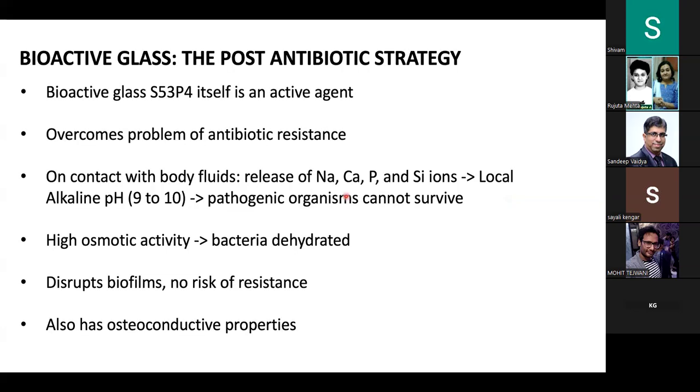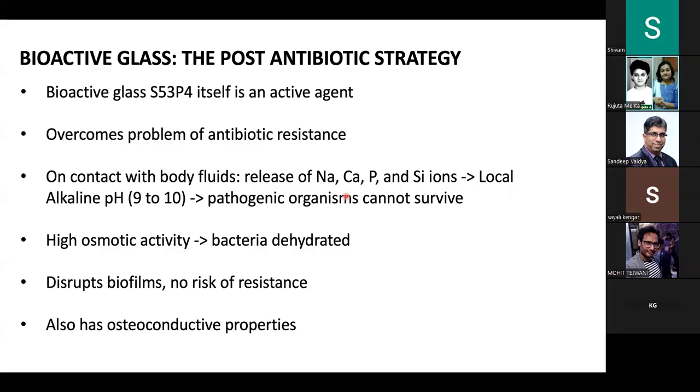And secondly, it has a high osmotic activity, because of which the bacteria are dehydrated. It disrupts biofilms, and there is no risk of resistance, because this is not an antibiotic. It is a physical agent which kills the bacteria physically, and therefore there is no risk of resistance.